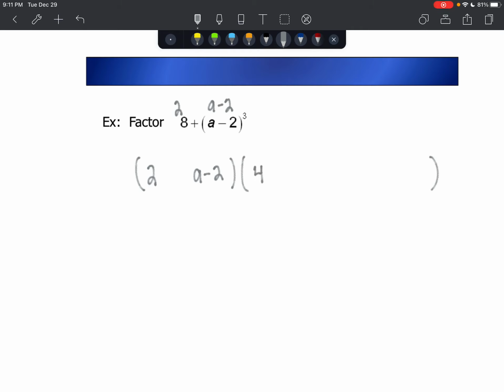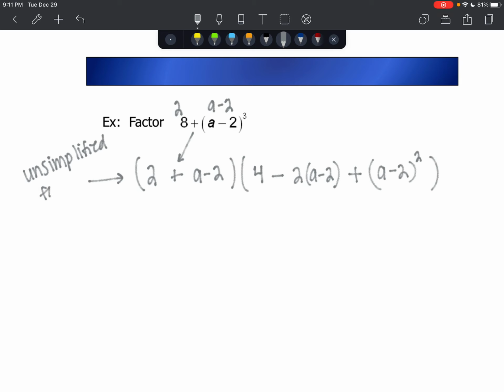Well, that's 4. And then bouncy over would be 2 times a minus 2. And then bouncy, bouncy would be a minus 2 quantity squared. And then we would have same sign, opposite, and then always positive. Now we can further simplify this. So this is factored. So this is our unsimplified factored form.